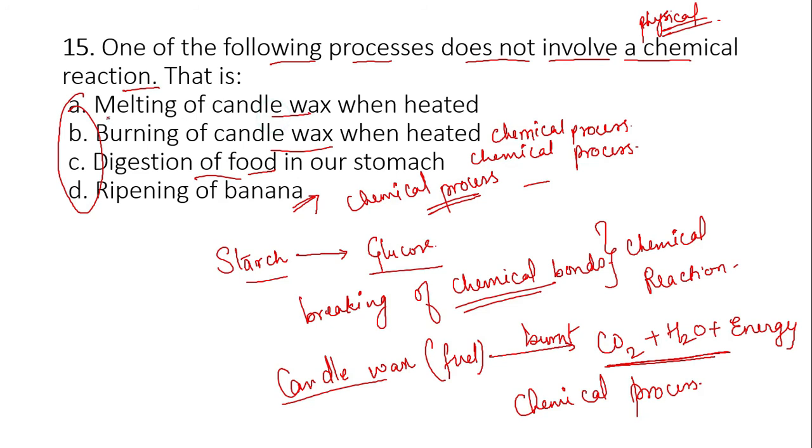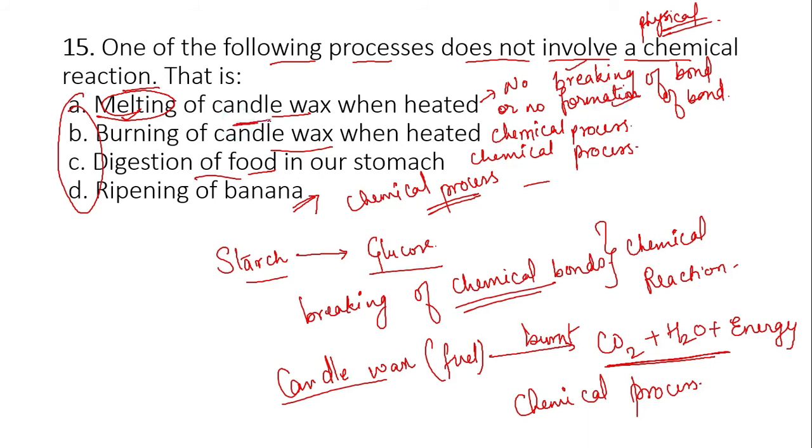Because first thing we are talking about is melting of candle wax. Melting of candle wax does not involve any breaking or formation of a new bond. Since there is no breaking of bond and no formation of bond, the melting of candle wax is a physical process.